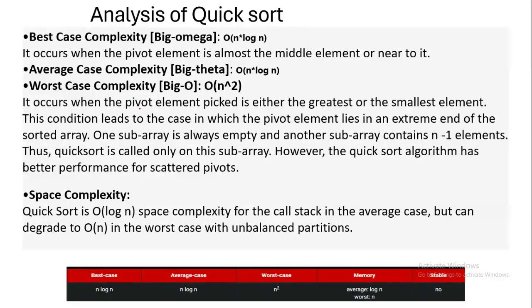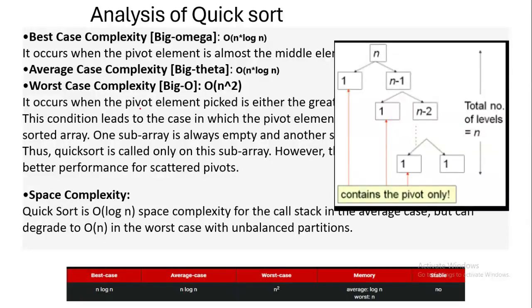Now, coming to the worst case time complexity, this occurs when the pivot element that we picked is either the greatest element or the smallest element.